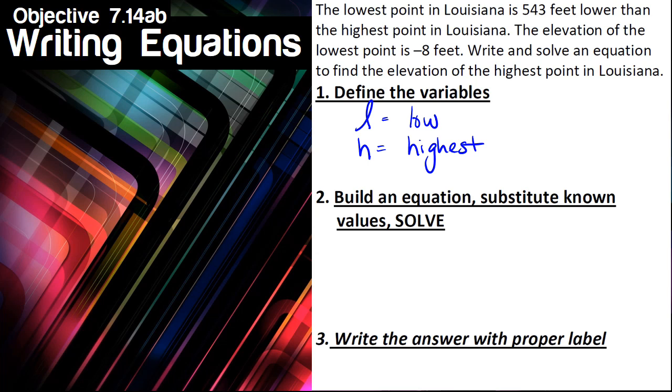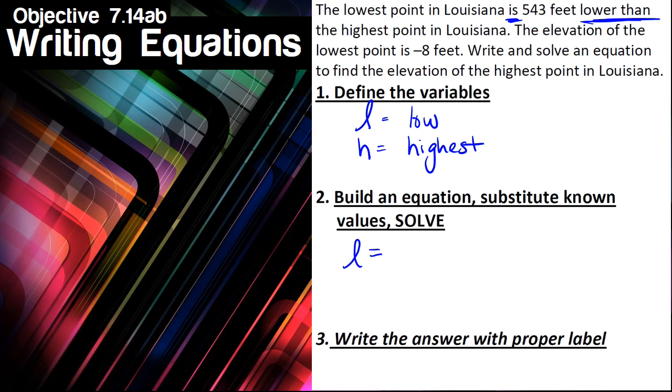So now we got to figure out what our equation is going to be here. The lowest point in Louisiana is, so there's a keyword, is. So let's go ahead and build this out now. L is equal to 543 feet lower than. So that's the same as less than.